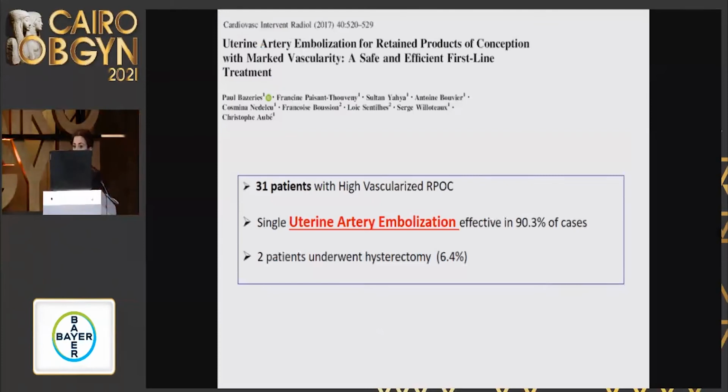Okay, this study talks about the experience on 31 patients with retained product of conception with high vascularization and low resistance, and PSV over 16 centimeters per second, with reversible uterine embolization effective in 90% of cases and 2 cases of hysterectomy.